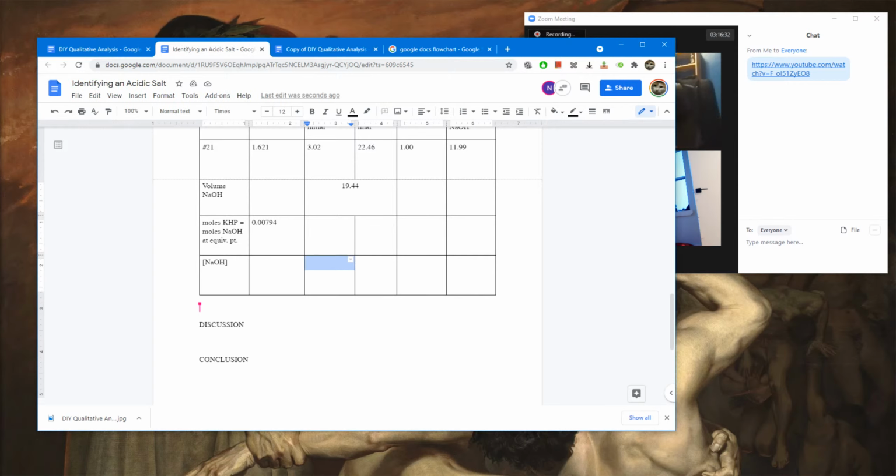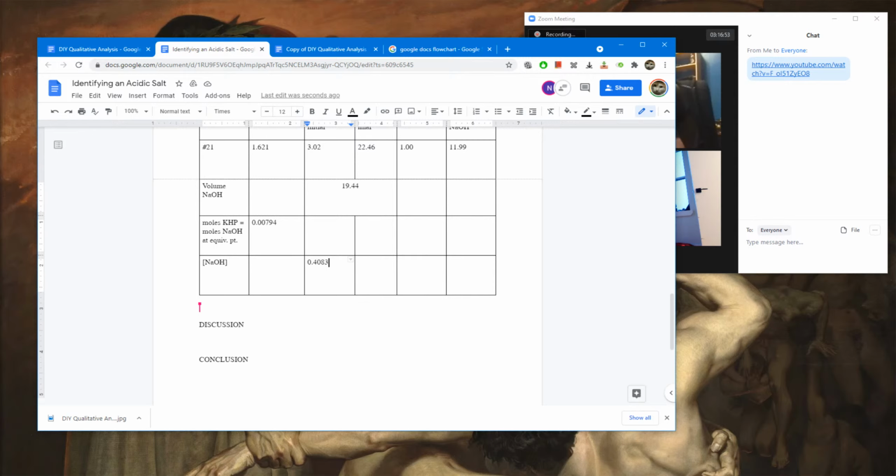Okay, so I get 0.4083 molar, I guess. It doesn't really matter. So that's the concentration of NaOH, that first thing that we needed to find.